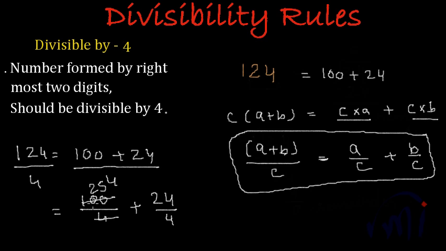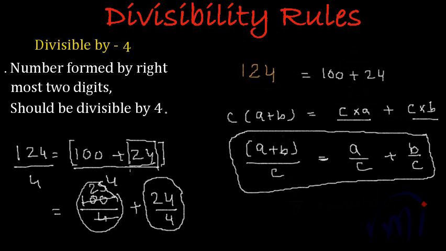So if you have any number which is 3 digits or more, you can always write it in the form of hundreds and the last 2 digits, right? So this 100 will always be divisible by 4, and if you check the divisibility of these last 2 digits, you can reach the conclusion whether the whole number will be divisible by 4 or not. And that is the reason why we check the divisibility of only the last two digits of the number.